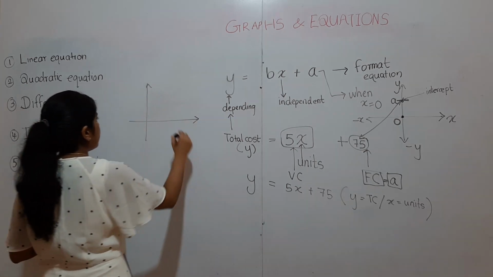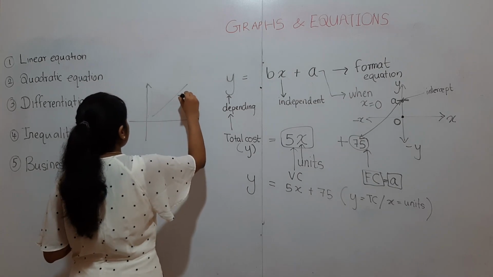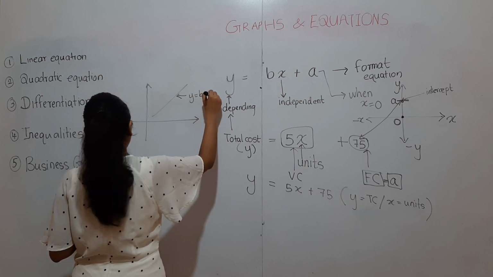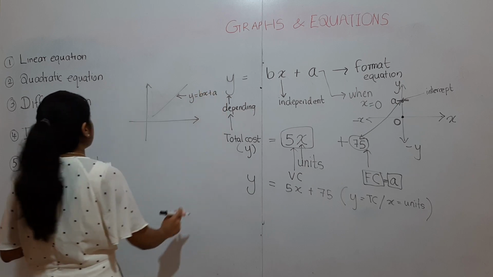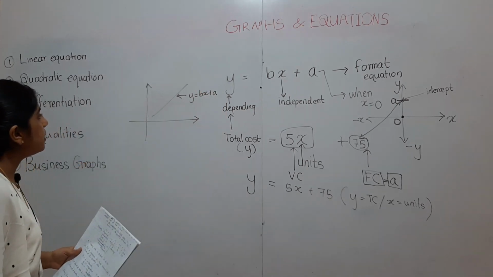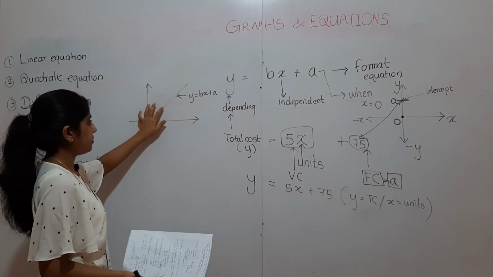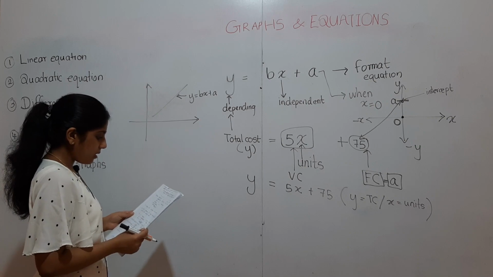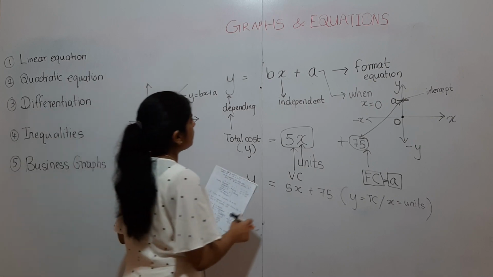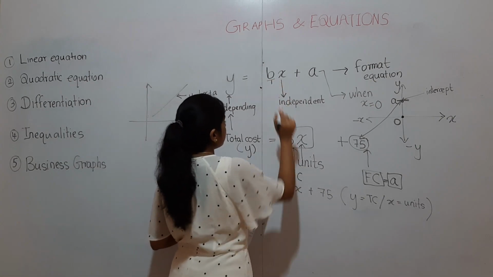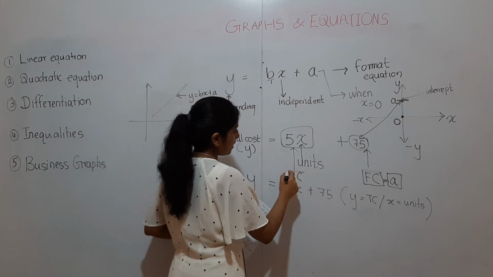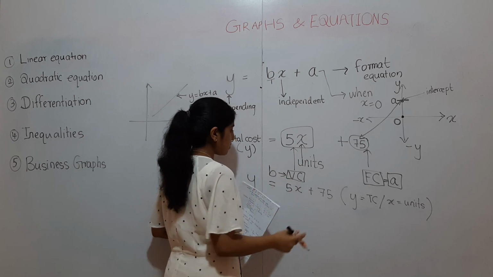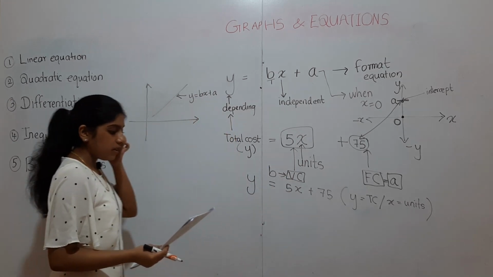So if you take a line like this, it will be equal to y equals bx plus a. So this is called a linear equation or linear line. The gradient B, in this case, is the variable cost.